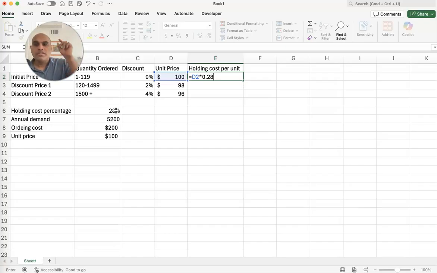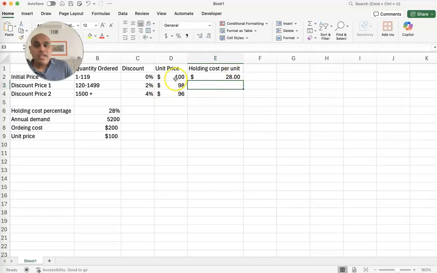Let's say these are hypodermic needles, as in the last example, I forget. Whatever item you have here, if you're holding that in inventory for a whole year, it costs you $28 if your unit price is $100. But if your unit price is $98, it is going to cost you less. Why? Because it's 28% of whatever your unit price is.